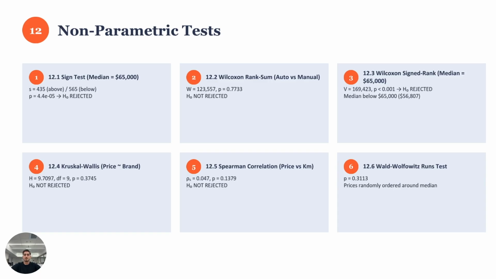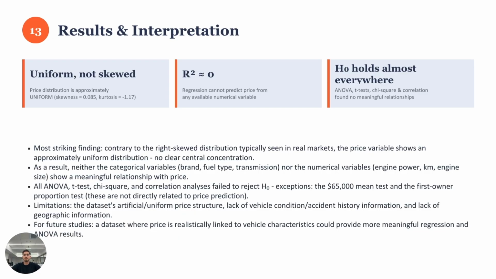All other tests, rank sum, Kruskal-Wallis, Spearman, and the runs test, gave the same conclusion as their parametric versions, with no significant differences by transmission, brand, or kilometers. Now let's summarize our results.